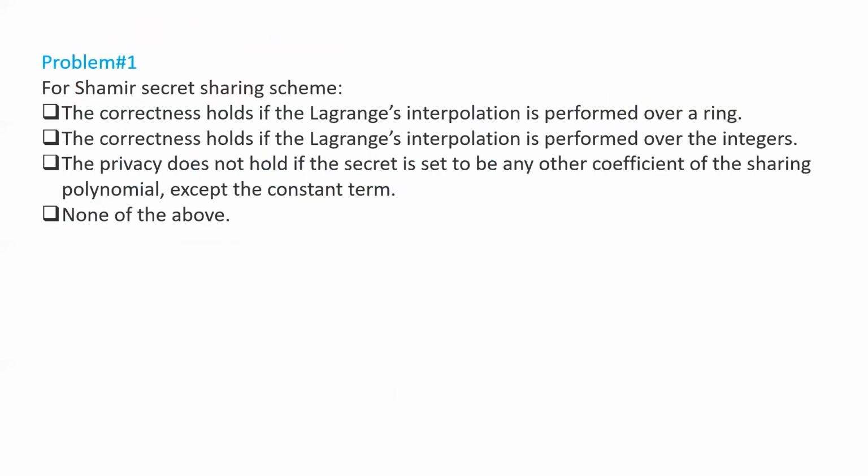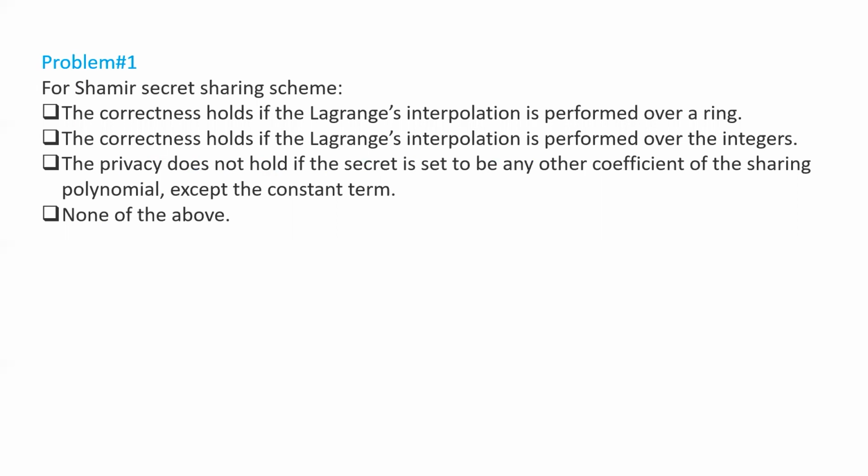So, entering into this week's topics. First problem: for Shamir secret sharing scheme, the correctness holds if the Lagrange interpolation is performed over a ring. This should be true for the algebraic structure field, because in a field, all the elements except the 0 element are invertible.